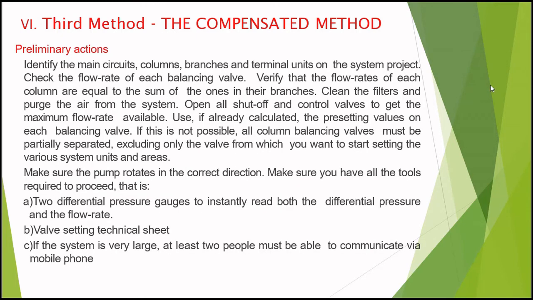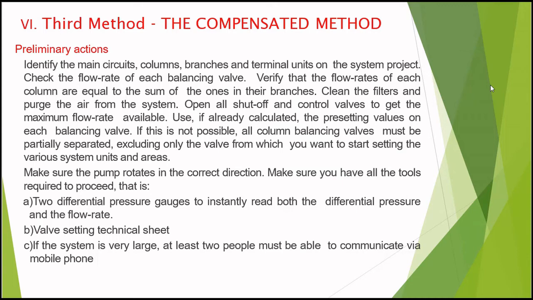Now there are preliminary actions before we start the procedure of doing this compensated method of balancing. First, we have to identify the main circuit, columns, branches, and terminal units in the system project. We have to check the flow rate of each balancing valve.